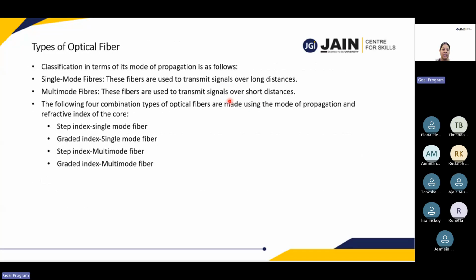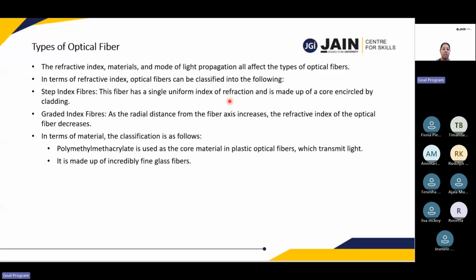But as of now, understand that here we have a fiber which has a single uniform index of refraction, made up of the core encircled by cladding. In graded index fibers, as the radial distance from the fiber axis increases, the refractive index of the optical fiber decreases. So it is called graded index fibers.